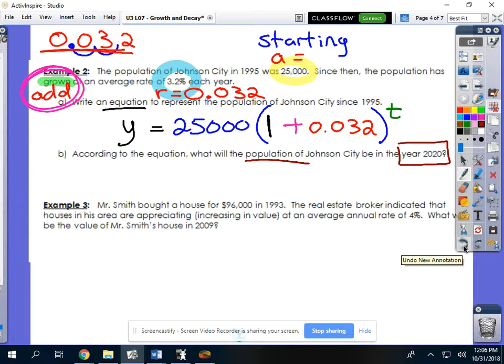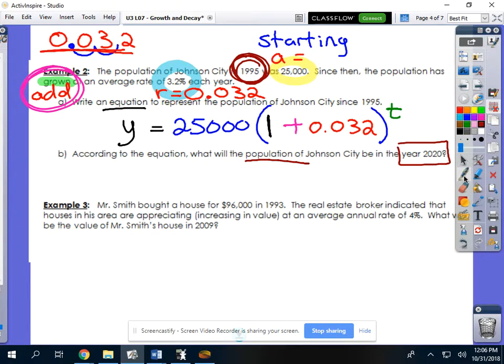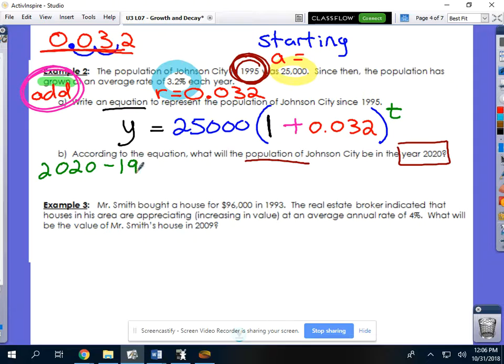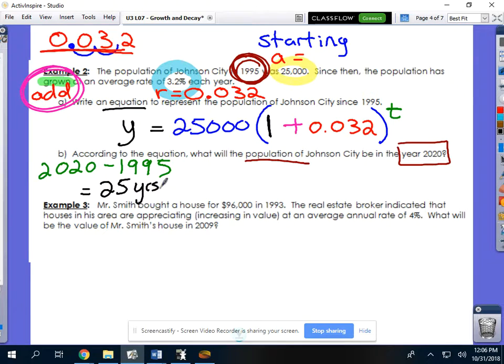So, when did we start? We started in 1995. So, like many of you guys did on Tuesday, we're going to take that 2020 and subtract out the 1995. If we do that, we're left with 25 years. So that's the number that we're going to plug in for t.